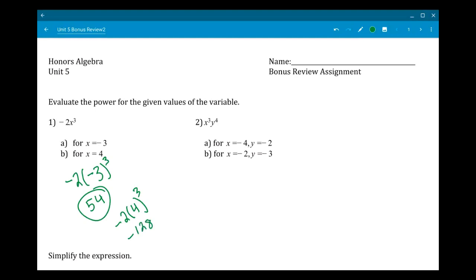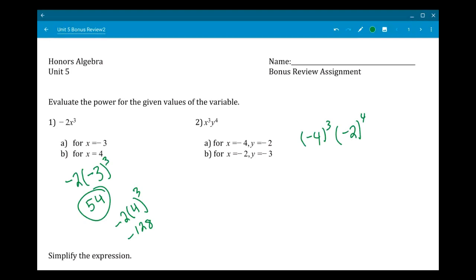Over in number 2, here the parentheses really do make a pretty big deal when we're plugging things in, in that we've got to make sure we're using the negative sign the proper number of times. And we've got to make sure that we're doing the exponents first and not doing something weird where we multiply the numbers together first.